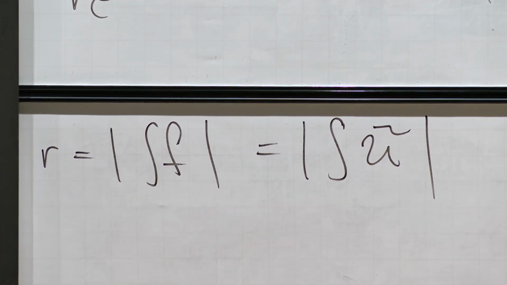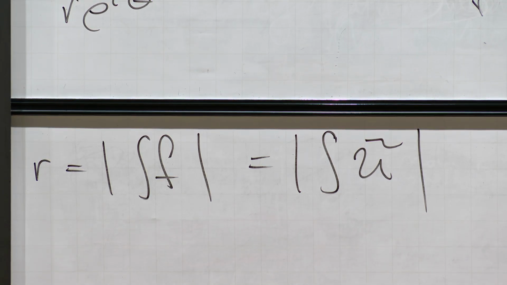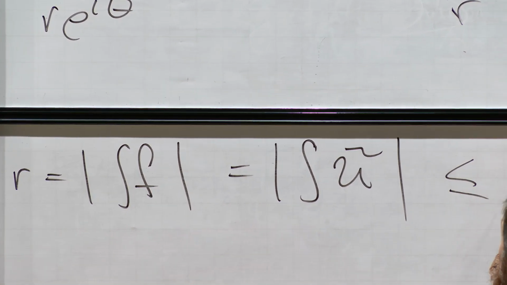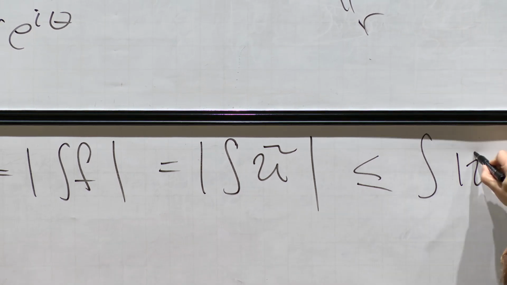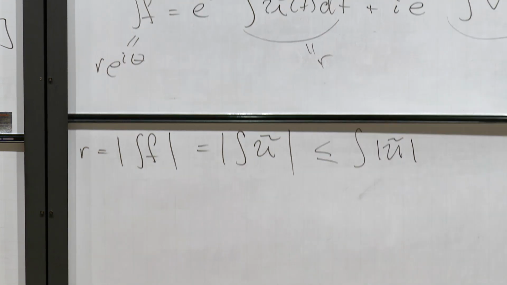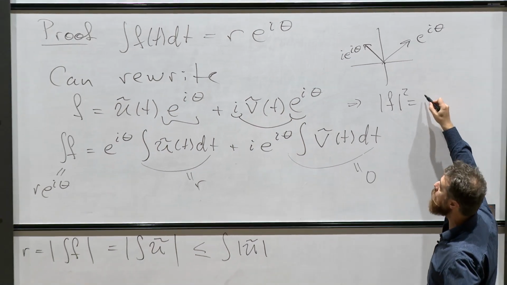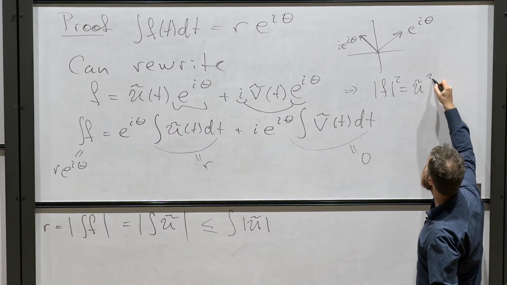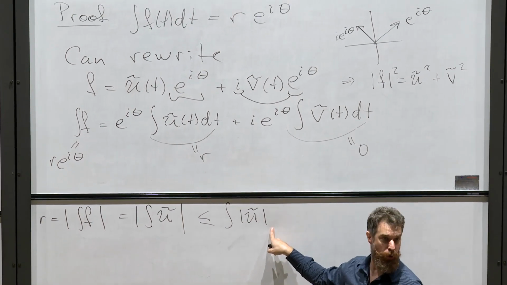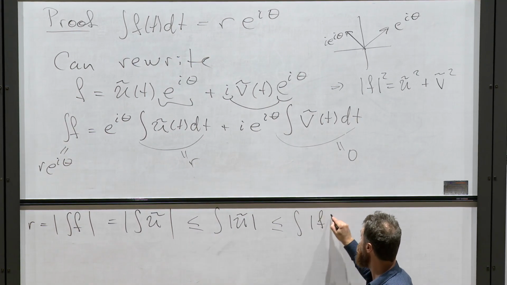But now this is just a garden variety, the usual real integral. And for these integrals, we have the triangle inequality. So this is bounded by the integral of the modulus of u tilde. But if you look at these, then modulus of f squared is u tilde squared plus v tilde squared. So in particular, the modulus of u tilde is less than the modulus of f. And we're done.